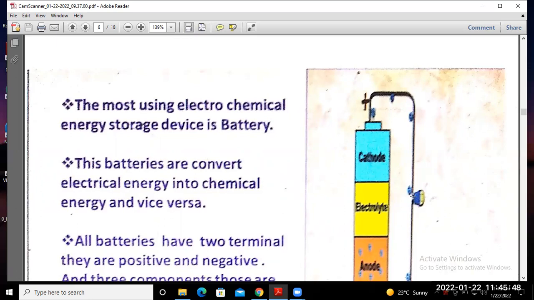So this bulb glows. The battery has these two terminals, one positive and another negative, so you can connect your load through the battery whenever required, for example to glow a bulb or other applications.